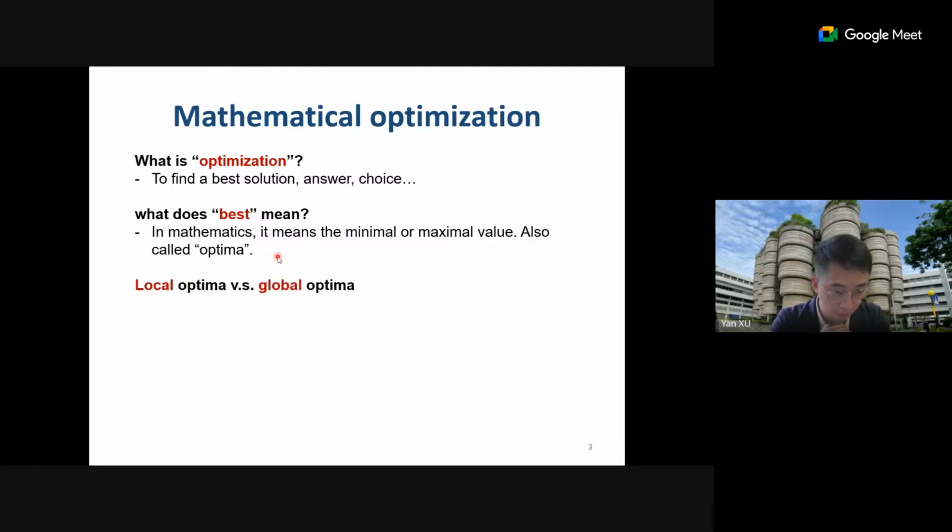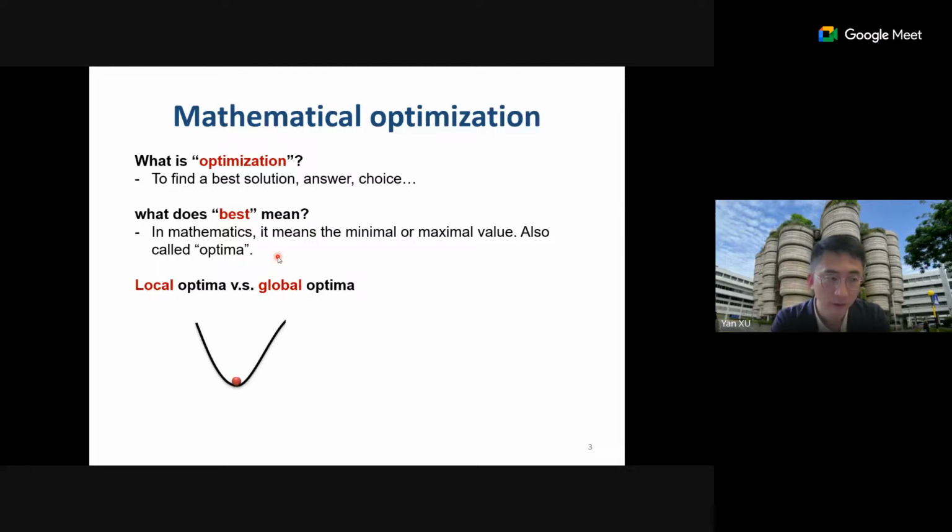When we talk about optima, mathematically they can be generally classified into local optima and global optima. By its name, local optima means the optima in a local searching region, while global optima means the optima of the entire solution region globally.